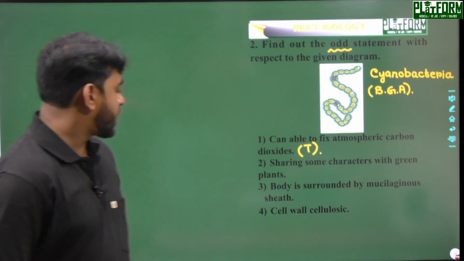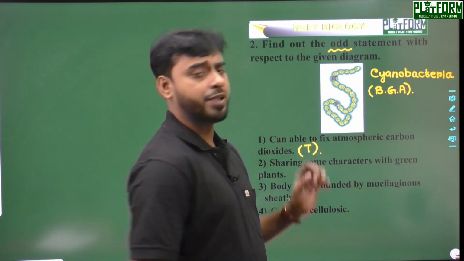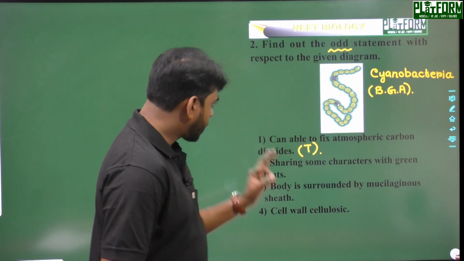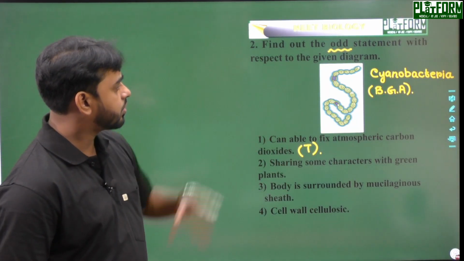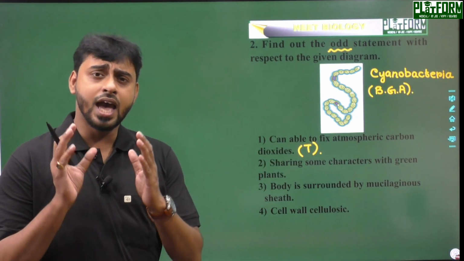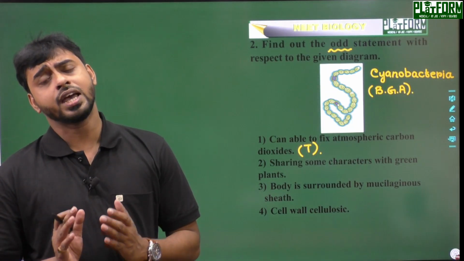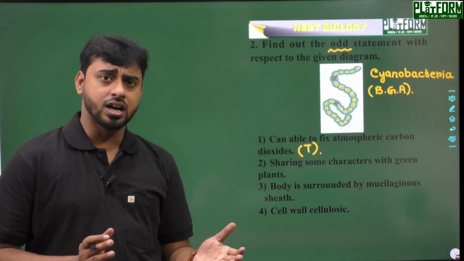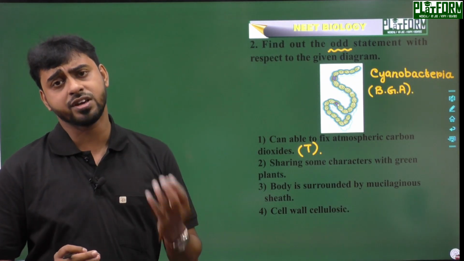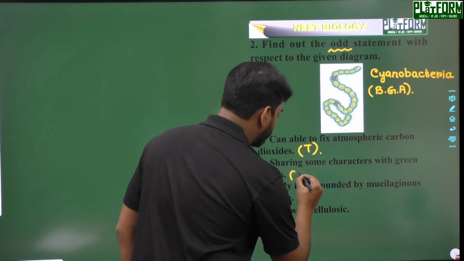In the next statement, it is written sharing some character with green plants. Definitely, the cyanobacteria have chlorophyll A, and that chlorophyll A is very much similar to the chlorophyll A present in the plant kingdom. So this is also a true statement.